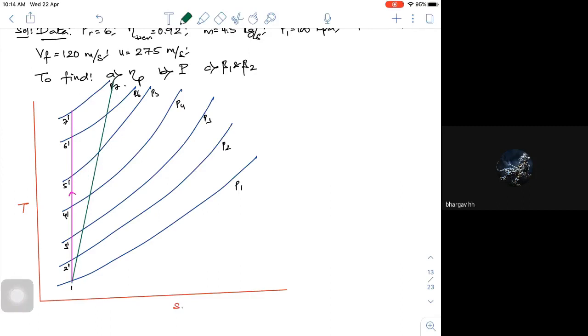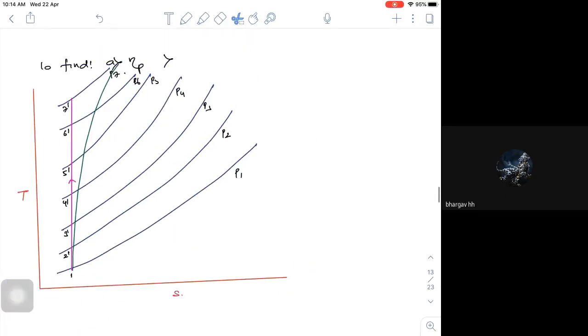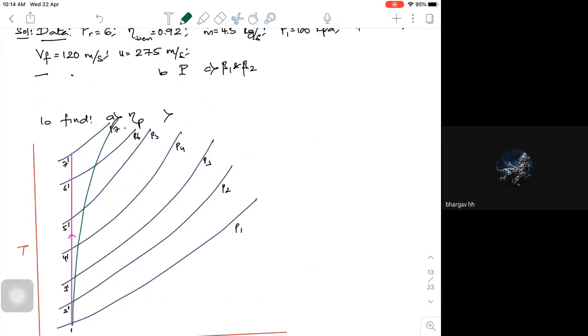It is not a straight line, it is slightly curved.